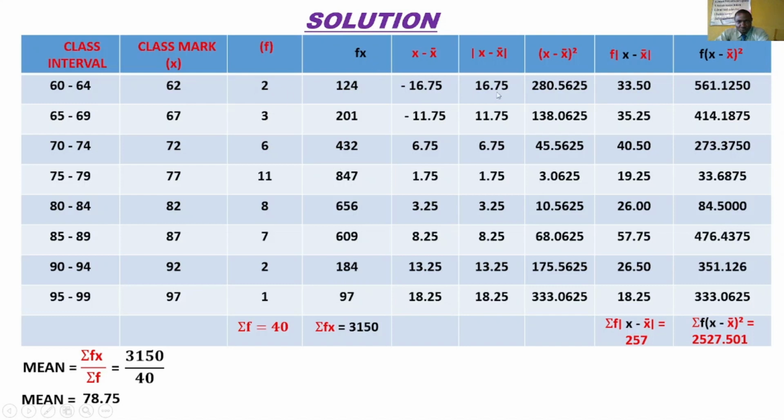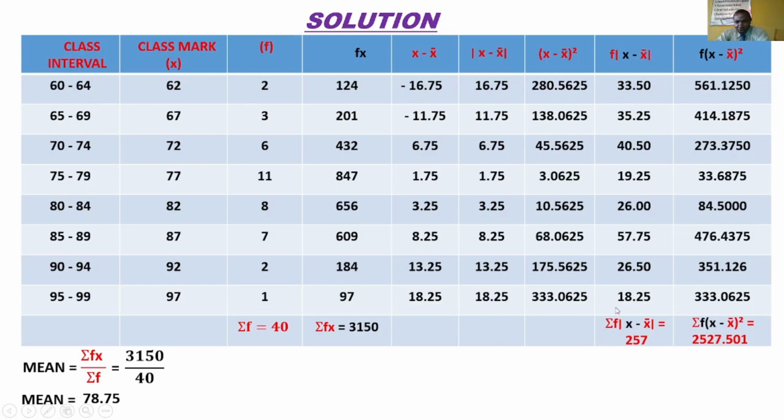So if you say your 2 times your 16.75, it will give us 33.50. Our 3 times 11.75 will give us 35.25. Now our 6 times 6.75 will give us 40.5. If you keep doing what we have just done in the first three sets of values, you end up having all the sets of values that we have.